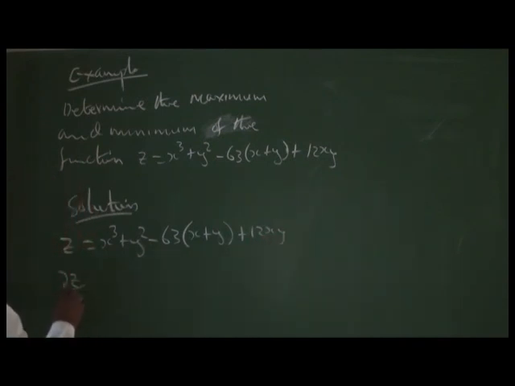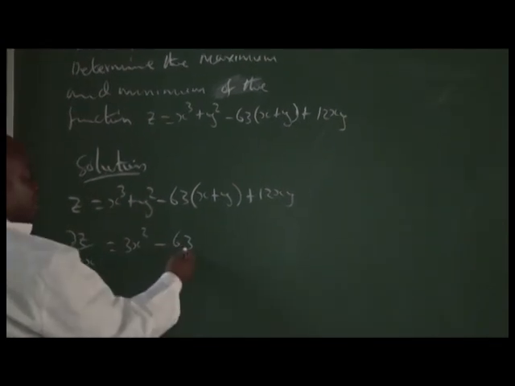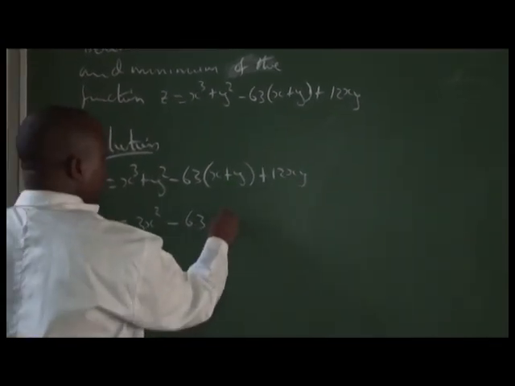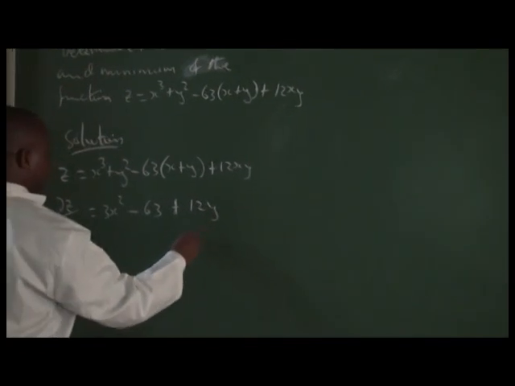Now, partial Z partial x will give me 3x squared minus 63 plus 12y.